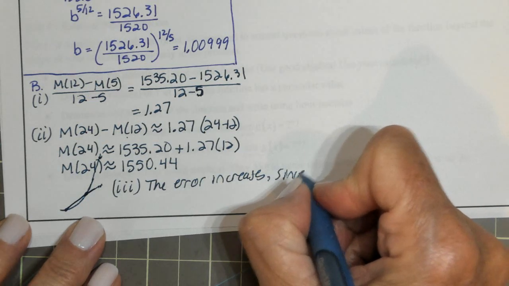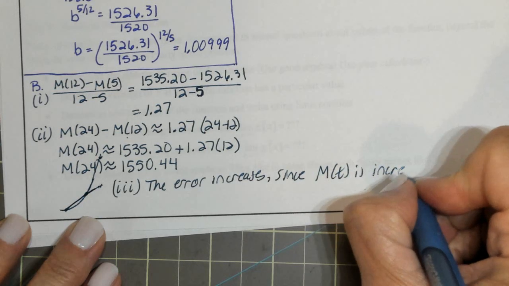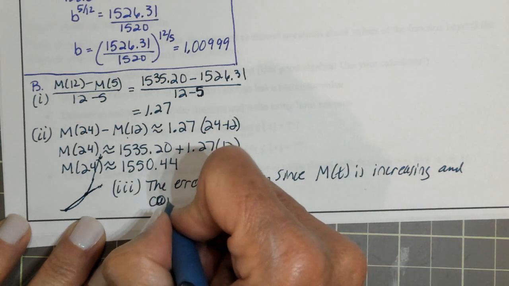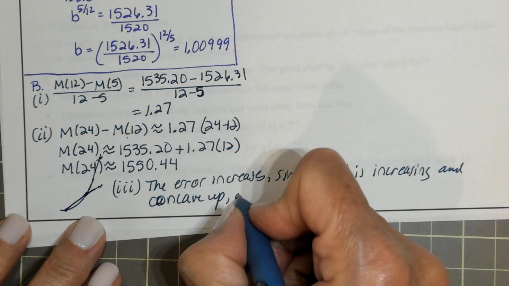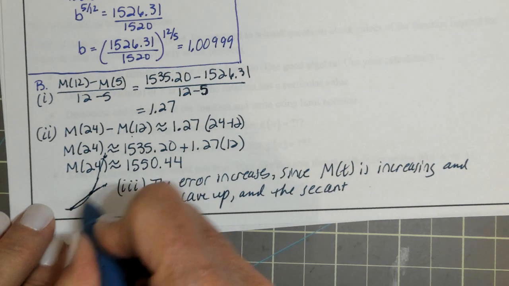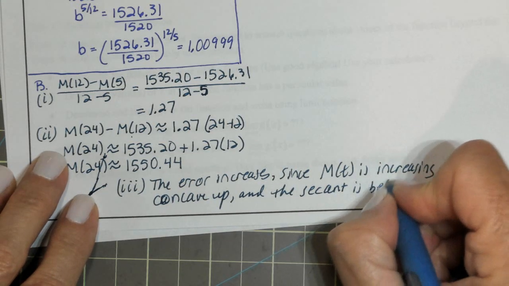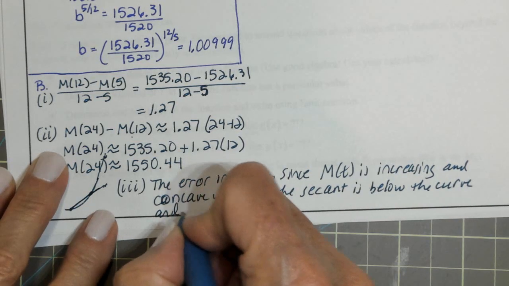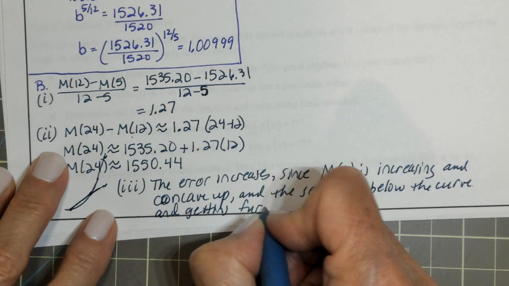Since M of T is increasing and concave up, and the secant line, this is called a secant line that goes through 2 points, the secant line is below the curve and getting further from the curve.